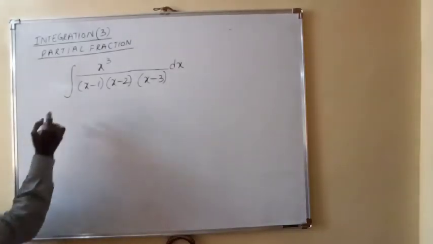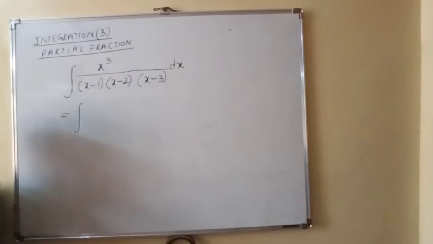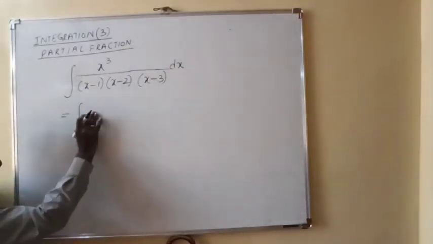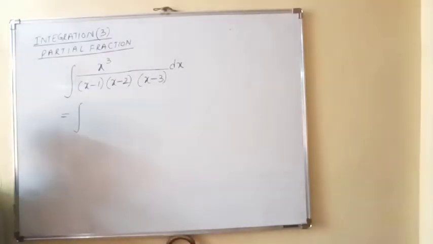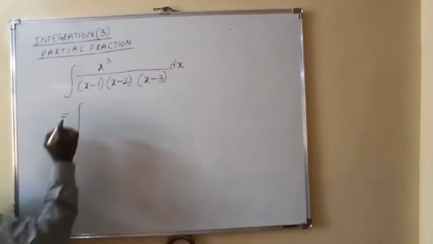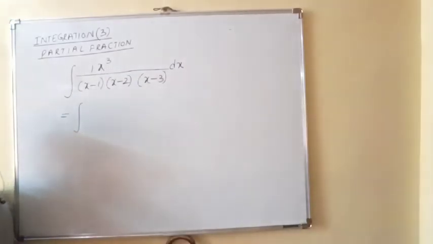Then if you divide the numerator by the denominator, the answer will be some constant plus a proper fraction. What is that constant? It will be the leading coefficient in the numerator by the leading coefficient in the denominator.